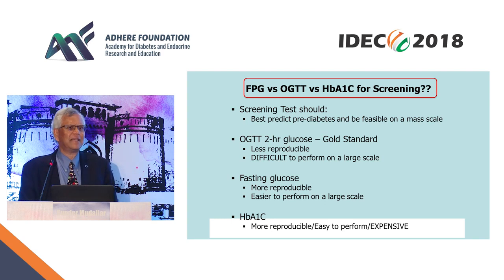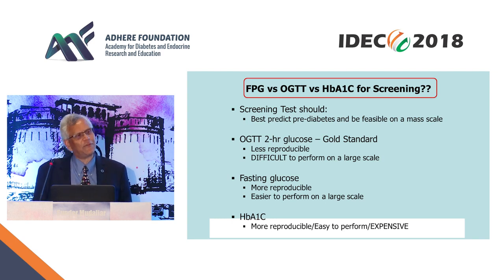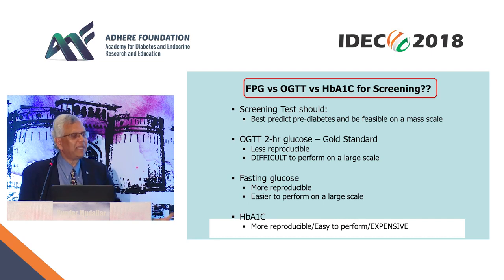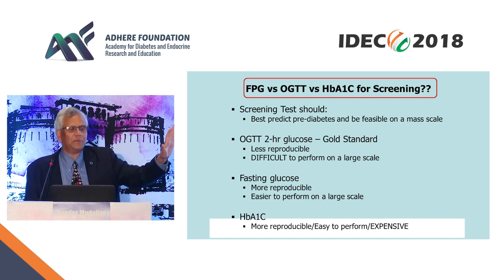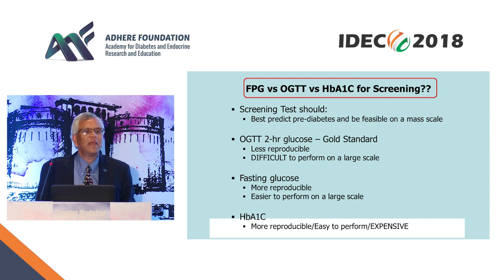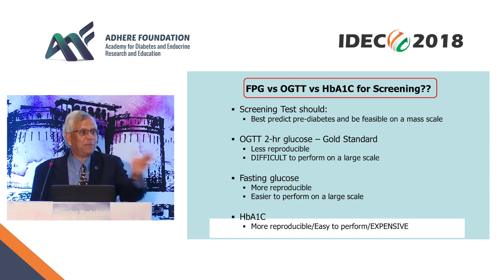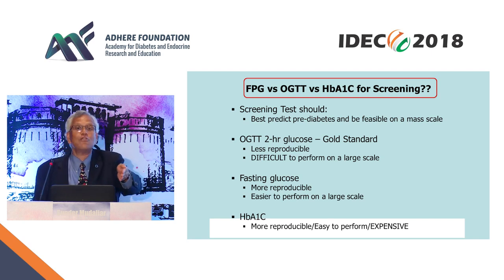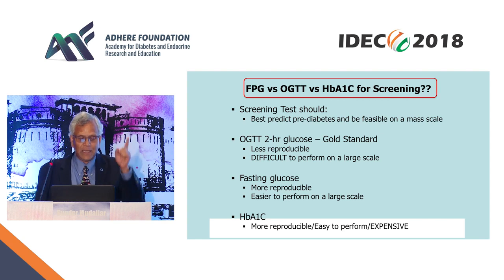We did these studies in San Diego almost 25 years ago. If you take a group of people and repeat the OGTT 2 weeks later, with everything else being equal, the coefficient of variation is about 35%. So people move this way, that way. On one occasion you say, hey, you have diabetes. Second time, no, you're normal. And that keeps moving. And it's also difficult to perform on a large scale.